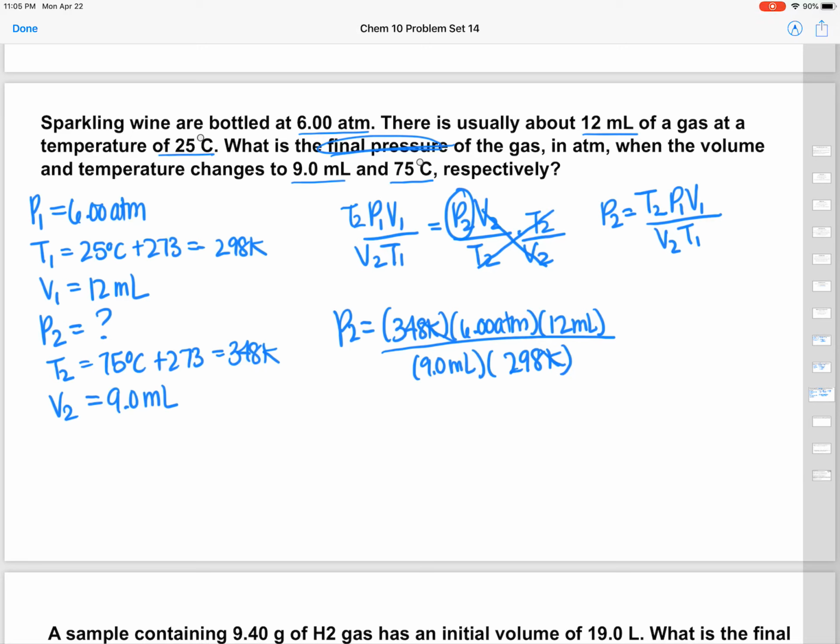Cross out all your units that are alike there. And if you plug all of that in, you are going to get 9.34. So pay attention to your sig figs. You've got 2 sig figs, so your final answer is going to be 9.3 ATM.